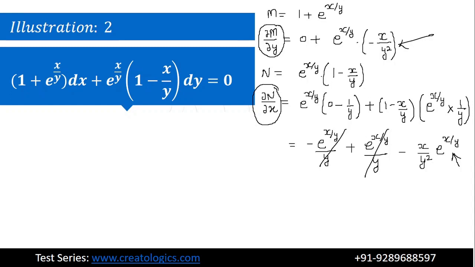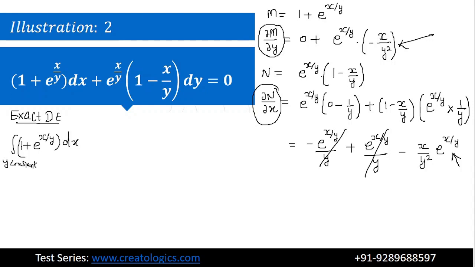Okay, so the given differential equation becomes exact, and we know if it is an exact differential equation, the solution is given by the integration of M dx, which is the integral of (1 plus e raised to the power x upon y) dx, keeping y constant here.